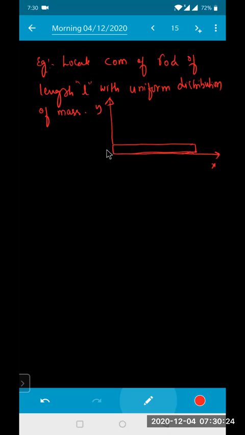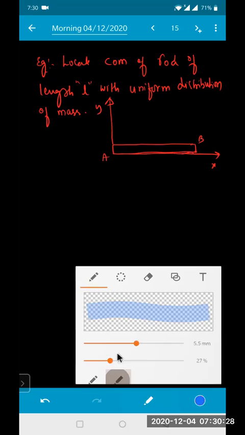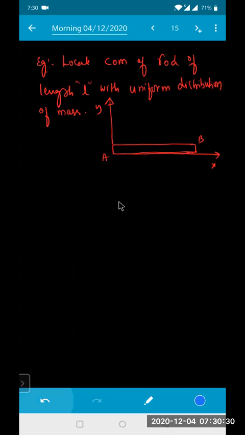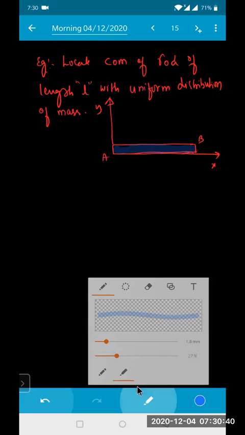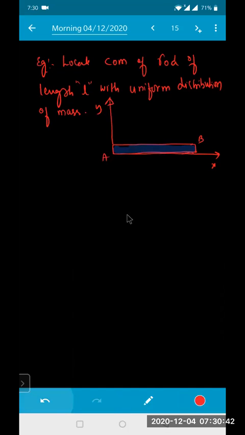This one is your A and this one is your B. This is the rod. This is your uniform rod, and mass is uniformly distributed along it.